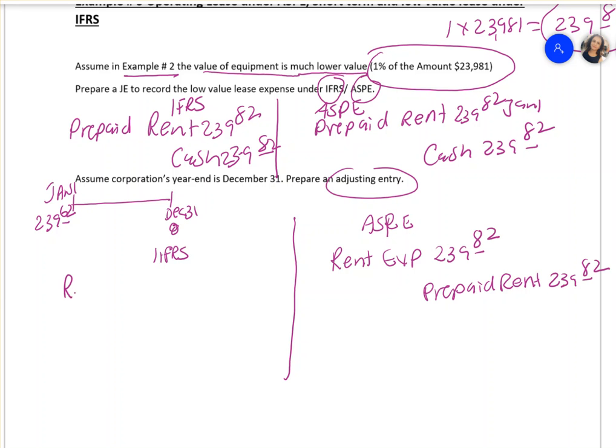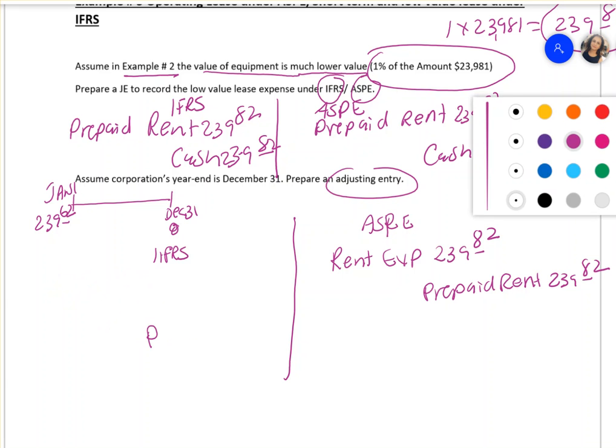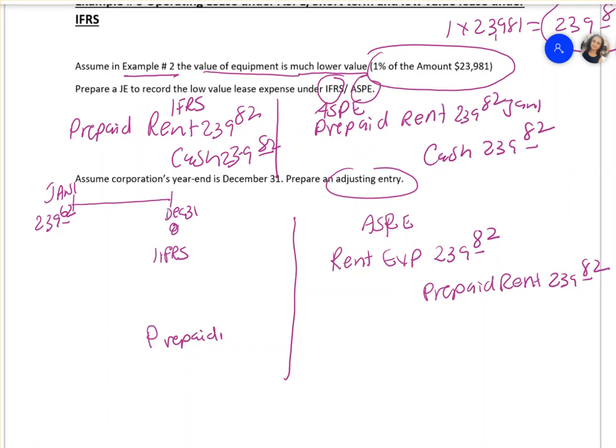Under IFRS, you will debit the low value lease expense, sorry, my mistake, I got carried away with my rent expense. Your credit will be your prepaid rent, which will be 239.82, and your debit will be your low value lease expense.